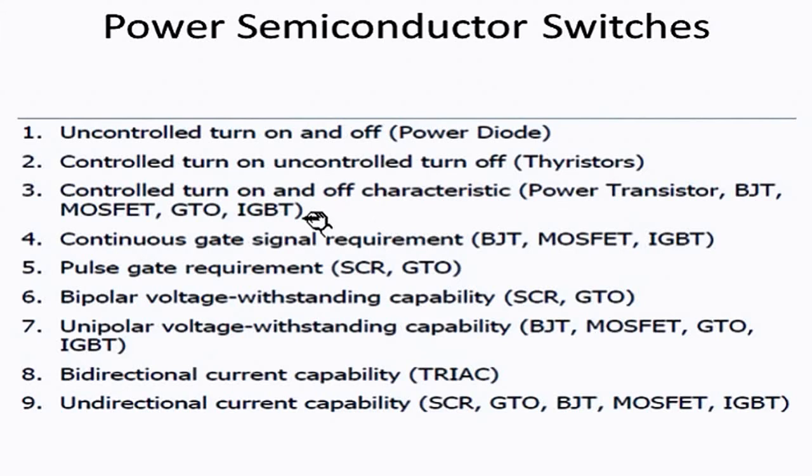Also, some devices require a continuous gate signal for their operation, for example BJT, MOSFET and IGBT, whereas some devices require only a pulsed gate signal for their operation, like SCR and GTO.